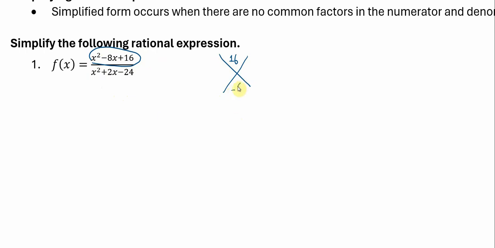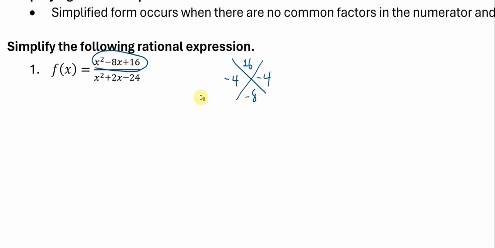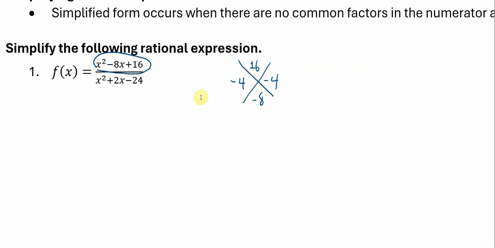And -8 down here. We want two numbers that add to -8 but multiply to positive 16. In this case it's going to be -4 and -4, because -4 and -4 added together gives you -8, and when you multiply them together you get positive 16.